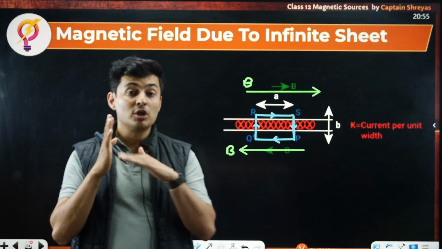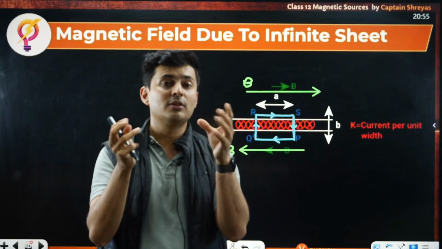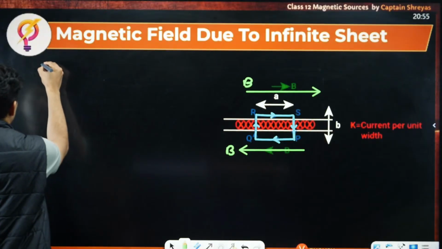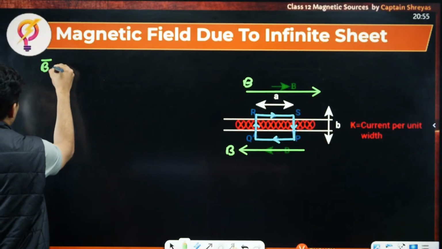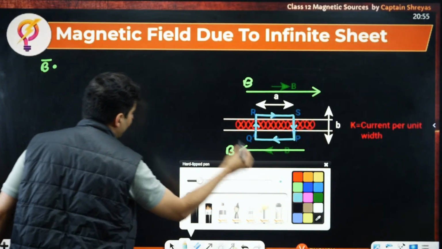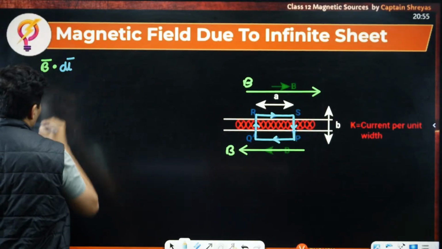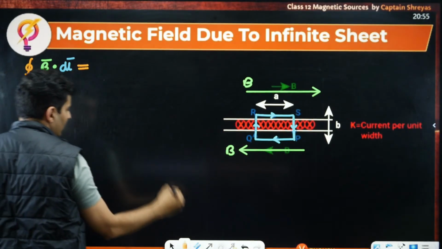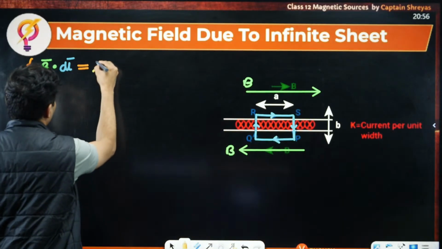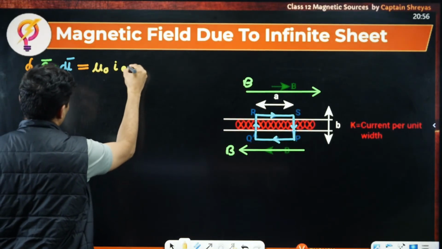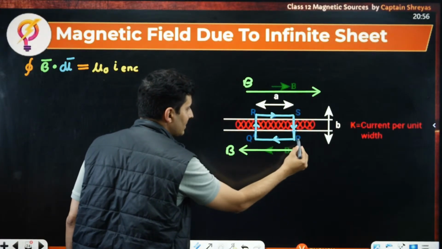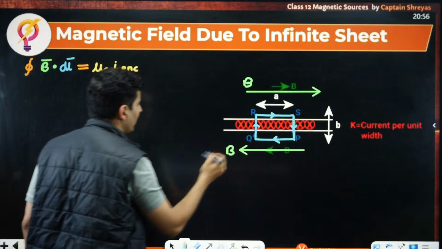Always my field should be perpendicular or parallel to the length to make the integration easy. Correct. So the integral of B vector dot dl vector, cyclic, will be nothing but mu naught times the current enclosed. Now this integration is going to split into 4 parts, from here to here, here to here, here to here, and here to here.